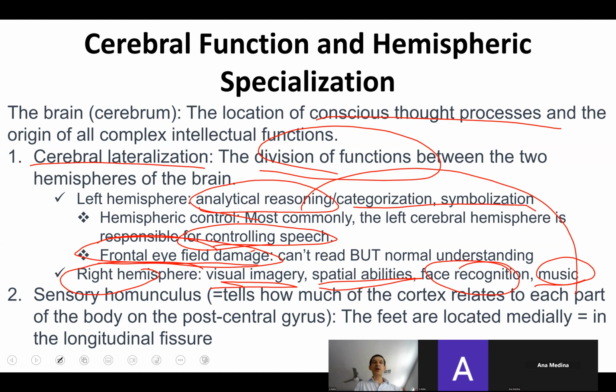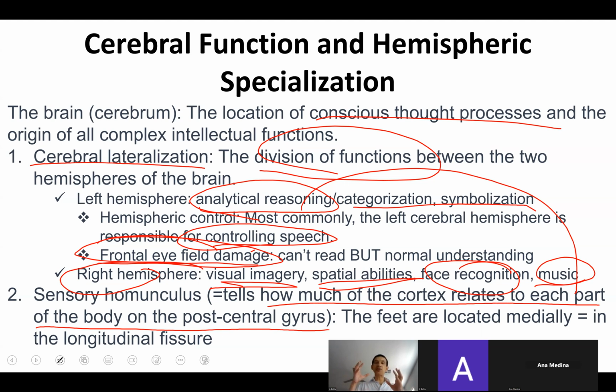So the brain represents our whole body, and how much of the cortex relates to each part of the body can be seen.